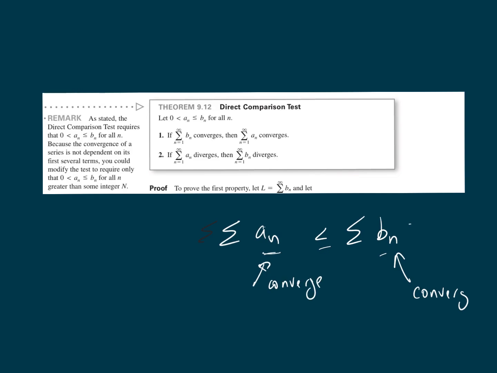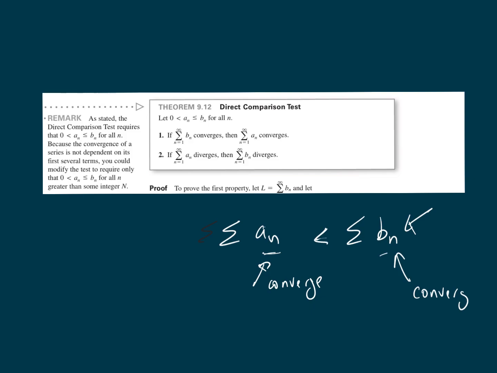So if you know that this one converges, and you find another series that is smaller than the one that converges, for sure this one converges.